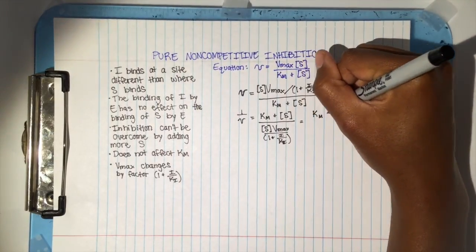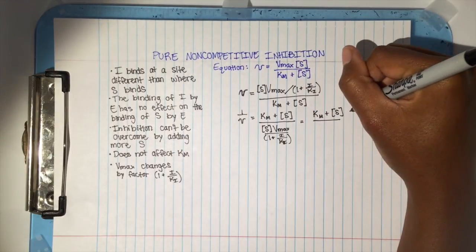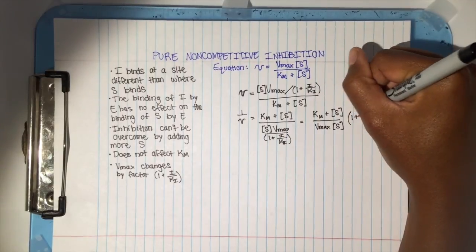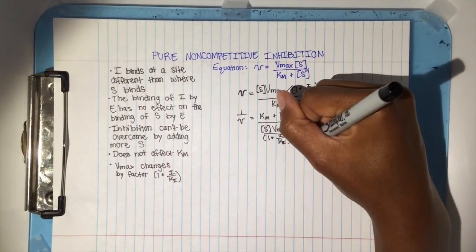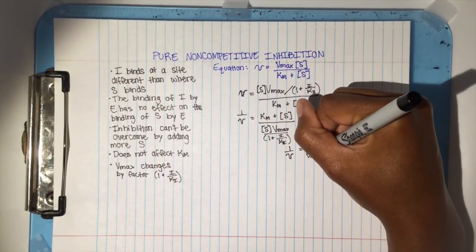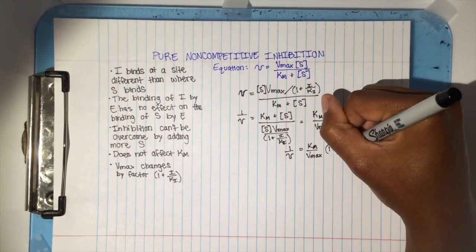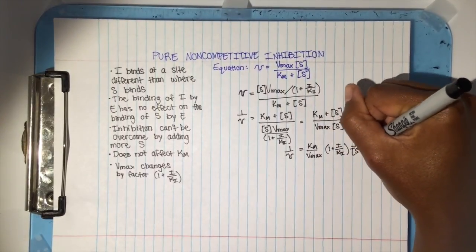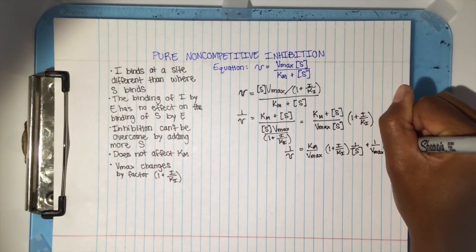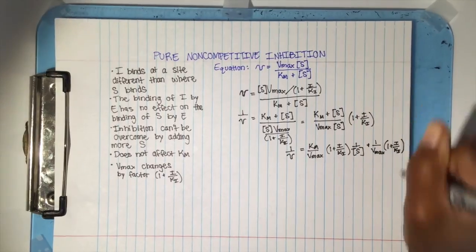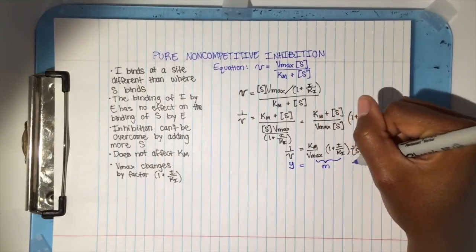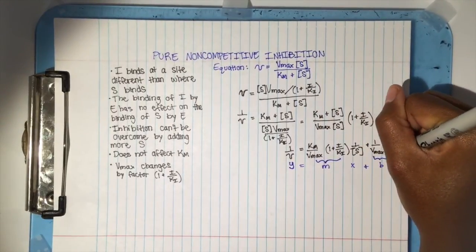We can then simplify this more with some basic algebra until we finally get it in our recognizable form. 1 over V equals Km over Vmax times 1 plus I over Ki times 1 over S plus 1 over Vmax times 1 plus I over Ki. And recognize that this is our same equation for the linear form y equals mx plus b.